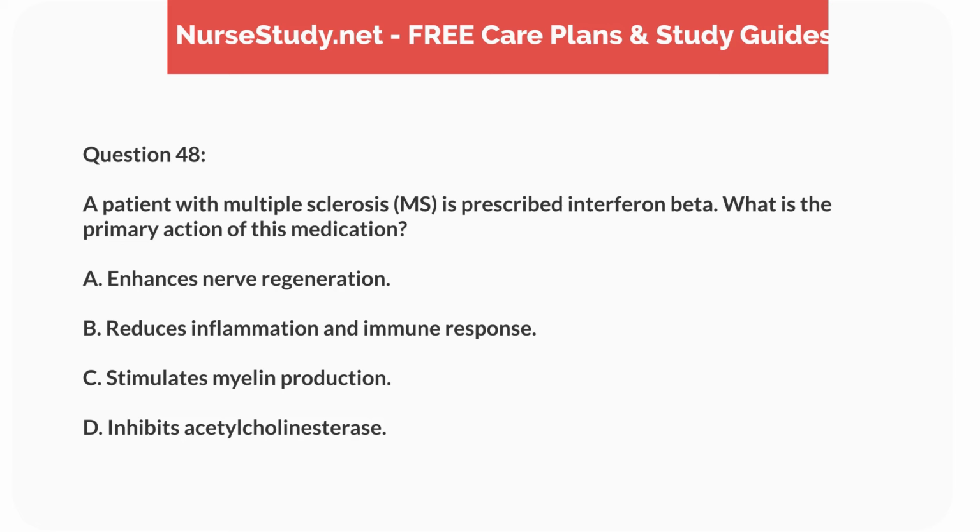Question 48. A patient with multiple sclerosis, MS, is prescribed interferon beta. What is the primary action of this medication? A. Enhances nerve regeneration. B. Reduces inflammation and immune response. C. Stimulates myelin production. D. Inhibits acetylcholinesterase.